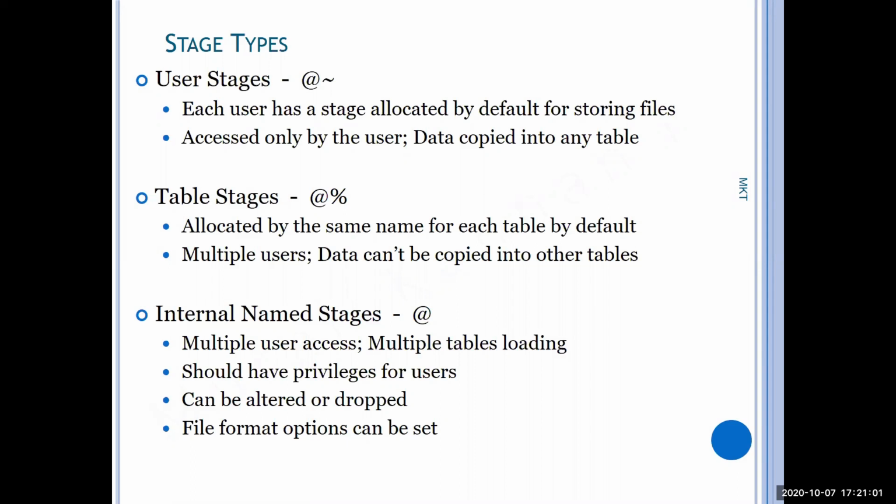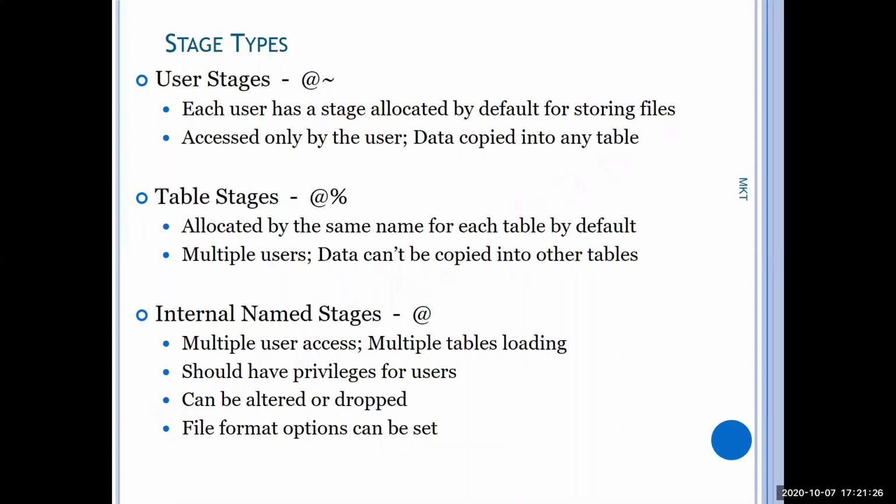So how can you tell the difference between a table name and a stage name? We mention the stage by the at symbol. If you prefix the stage name with at and a percentage symbol, that means it is a table stage. If you mention it with at and a tilde symbol, that is a user stage. What's the difference between user and table stages?